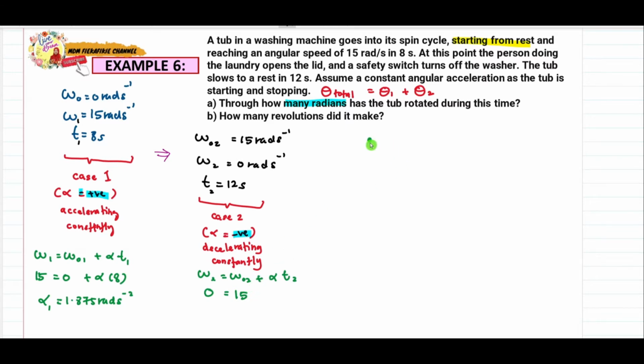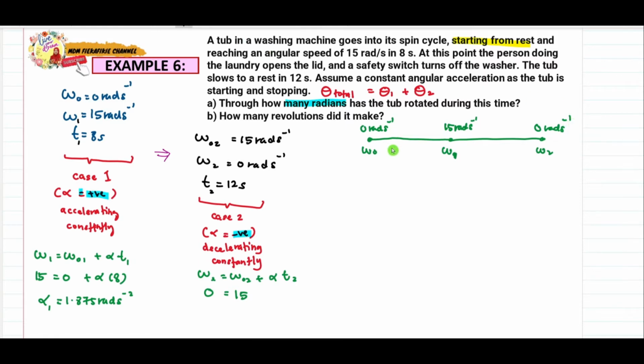Kalau kita lukis, starting from omega naught 0. So apa berlaku? Ini dia accelerating selama 8 seconds. So omega 1 here, the final velocity should be 15 radian per second. Tapi from here to here, omega 2, which is 0, they're slowing down.